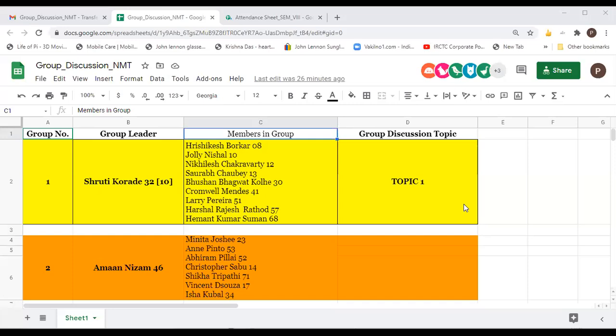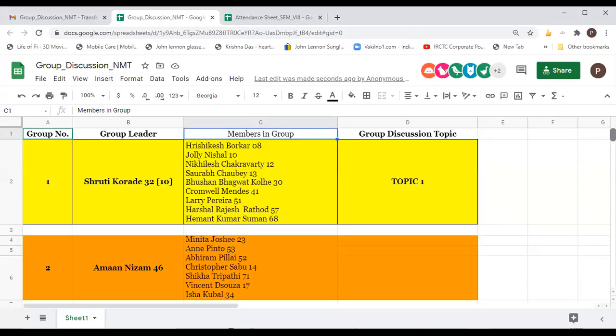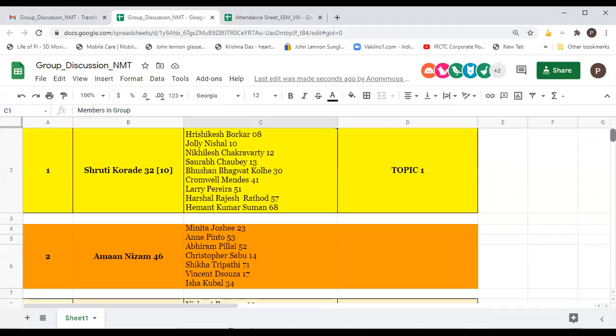Can you see this? Shruti, your group number is 1, so I have given you topic 1. Okay, ma'am. I will tell you what is topic 1. Only just you note down Shruti, at least Shruti is there. So topic 1. Aman, your group, I will tell you which topic because it was added.